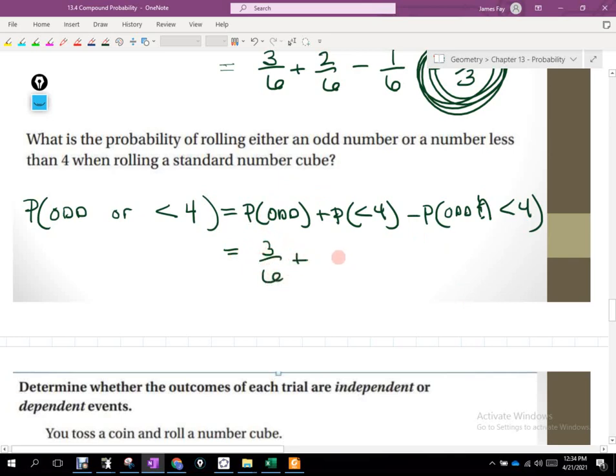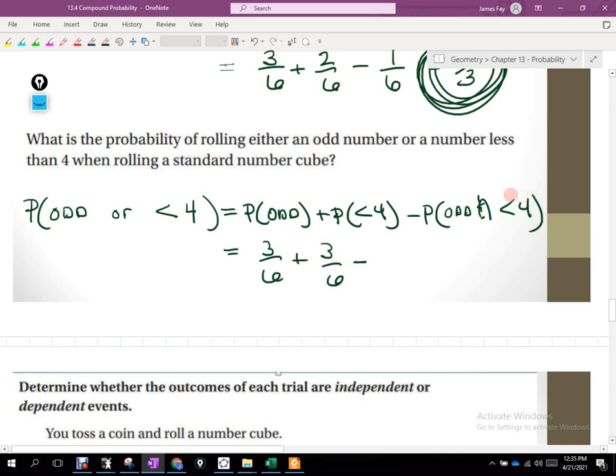How many are less than 4? 3. If I add those together I get 100%, and that doesn't make sense, because there's no way it's a certainty that I'll get an odd or a less than 4; I could get 6, and that's not either of those. So now I need to subtract the probability of odd and less than 4.